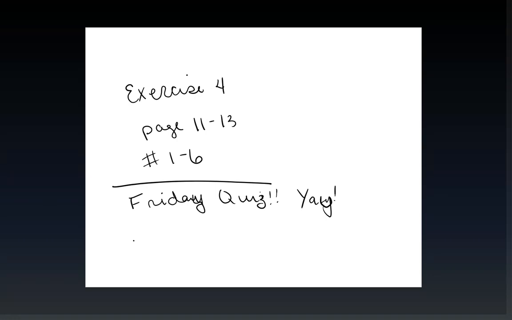Meaning my Friday quiz problems will be problems from your workbook from the earlier week. So tonight you are going to want to look back over exercises 1, 2, 3, and 4, and maybe do a couple more practice ones. If you had any questions, go ahead and ask those.